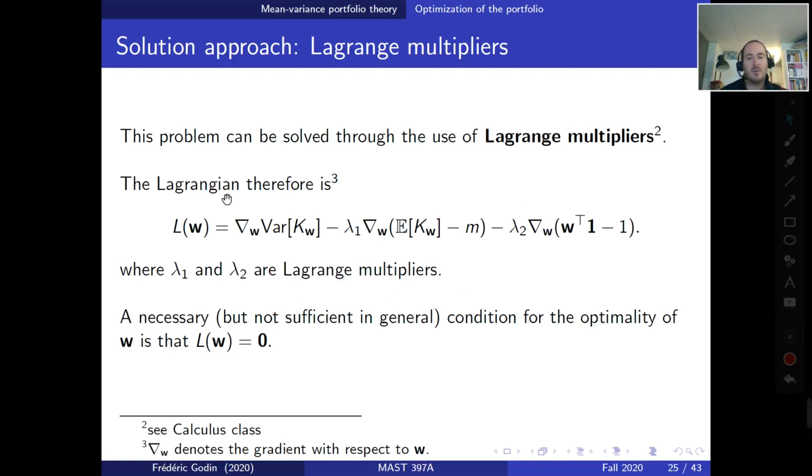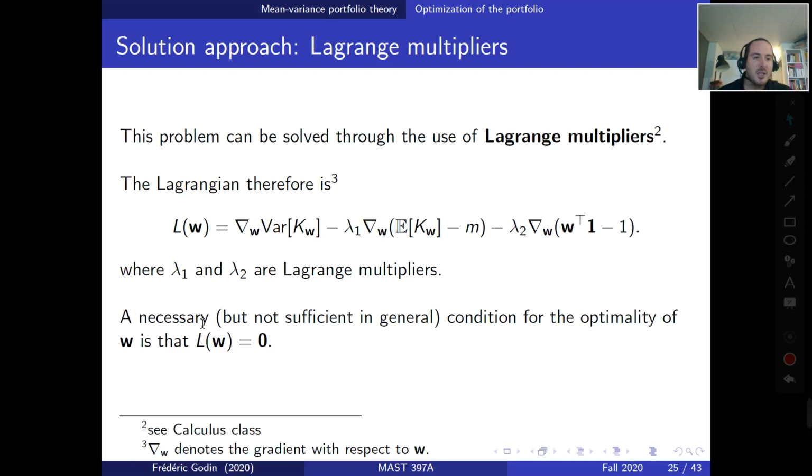Why do we define this Lagrangian? It's because for optimality, to get optimal values of W, there's a necessary condition: at the optimal W, the Lagrangian, sorry, I sometimes mispronounce the name because Lagrange is a French name, but the gradient of the Lagrangian must be equal to 0 at the optimum point.